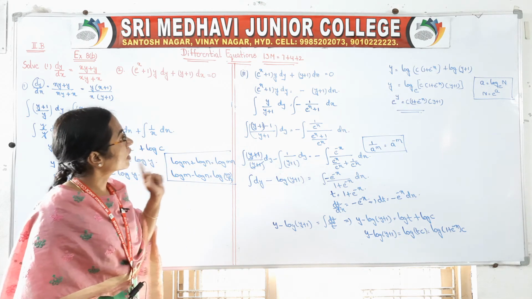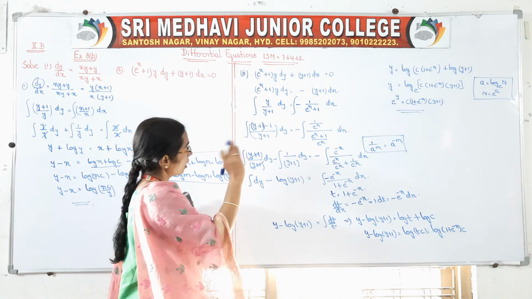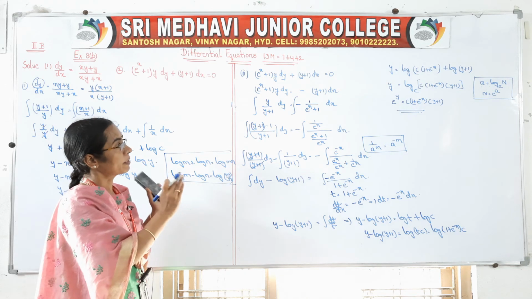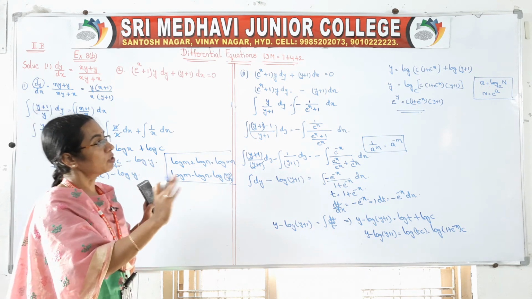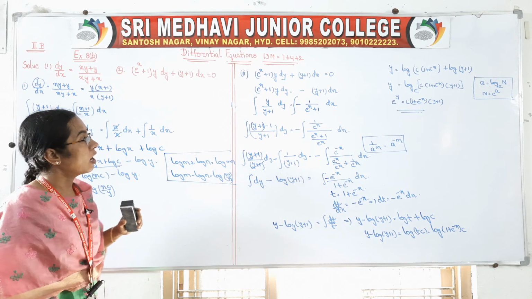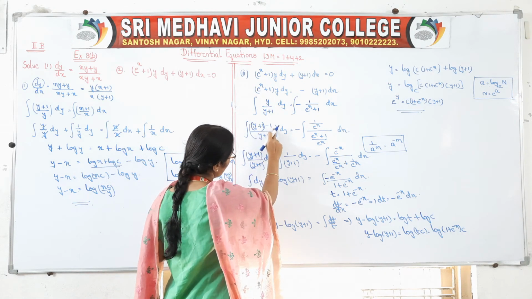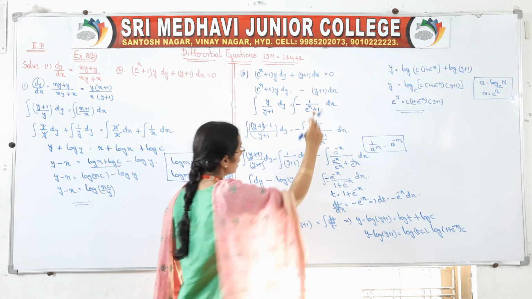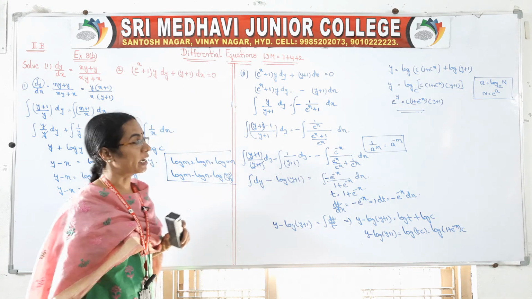Okay, so observe carefully. In this problem, first all are mixed x terms and y terms, isn't it? So first separate them: all the y terms into dy, all the x terms into dx. Once they are separated, take the integral. After that, for this numerator, add 1 and deduct 1, plus 1 minus 1, and here numerator and denominator are divided by e to the power of x.